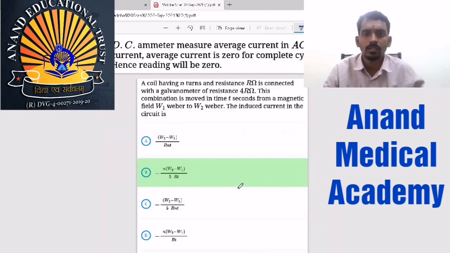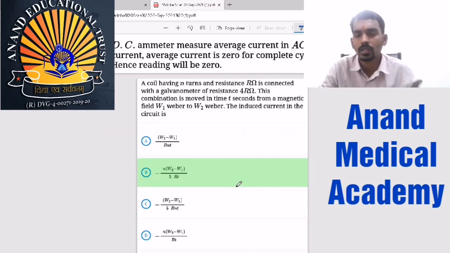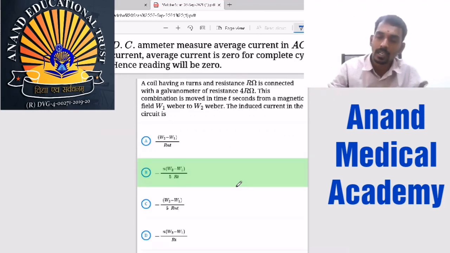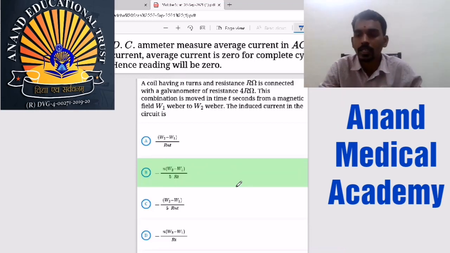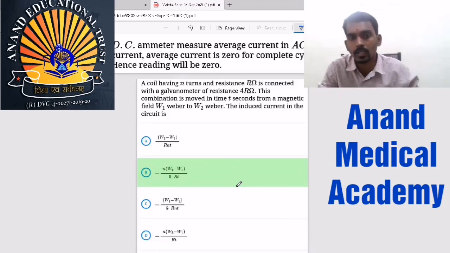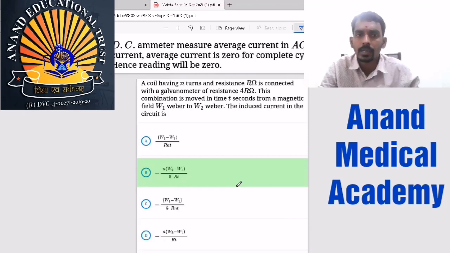Now the next concept. Self-inductance or mutual inductance based questions will come, or Faraday's law induced EMF questions, or induced current based on Faraday's law, or inductance questions will come from EMI. So you read the question and try to understand.